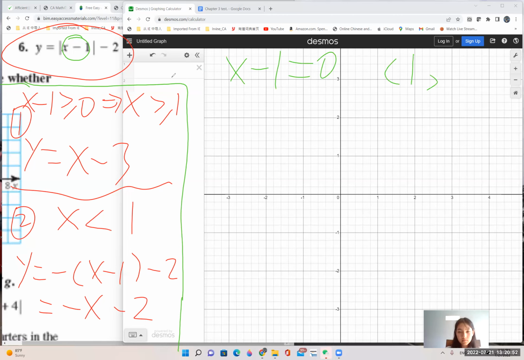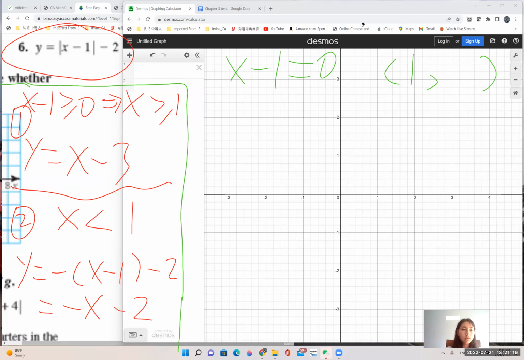Then when x is 1, what's the value of y? Look at here. When x is 1, what is the value for y? 1 minus 1 would be 0.